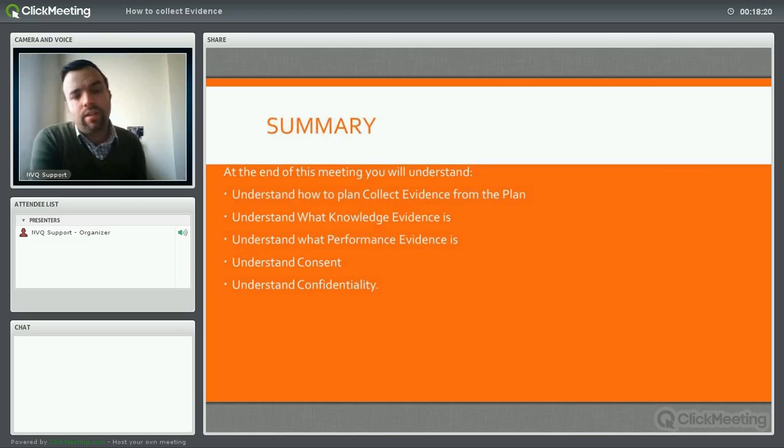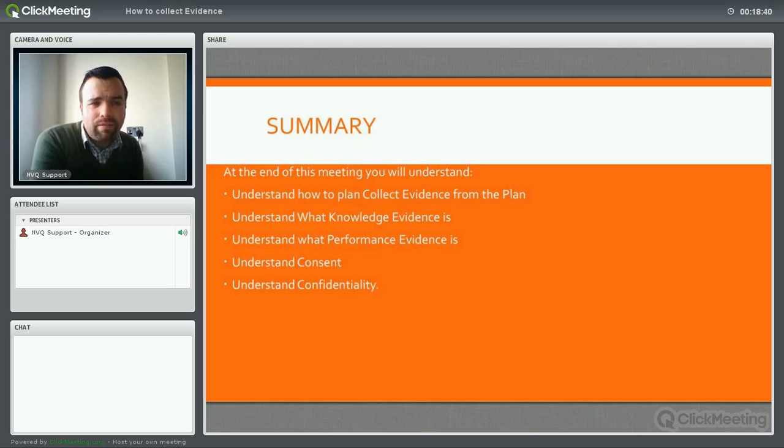So in summary, what we've just discussed is ways to collect evidence for the plan. We've discussed the observation being the primary source of evidence. It has been since day dot for as long as I can remember, and it probably will be moving forward. We've discussed other methods such as reflective accounts.